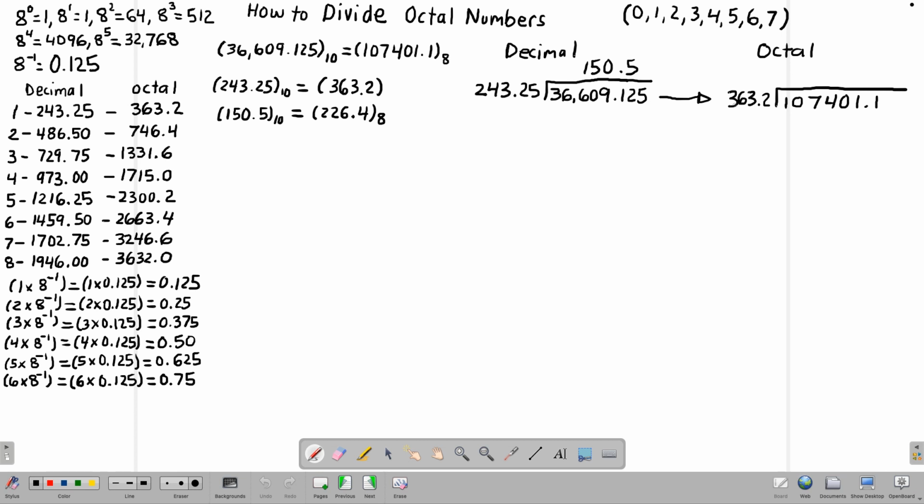So since we're dividing by 243.25, I created a similar table like what we did in the previous example. So we want to have multiples of 243.25. When I multiply that value times 2, I get 486.50. Times 3, I get 729.75.